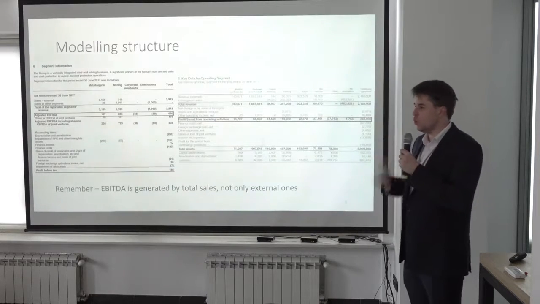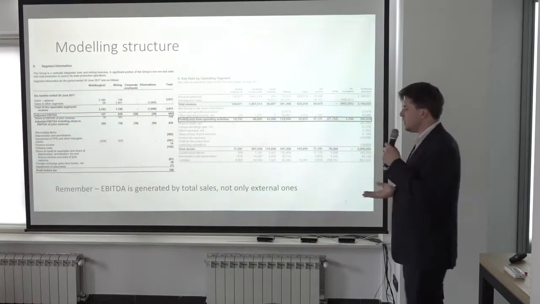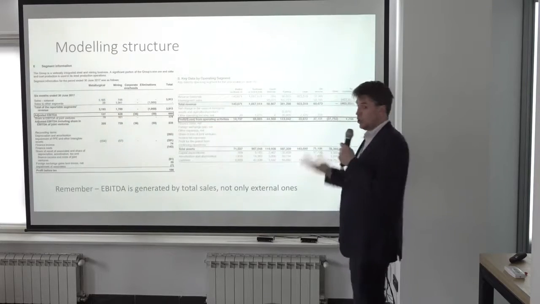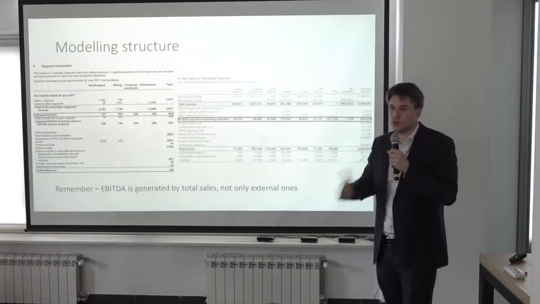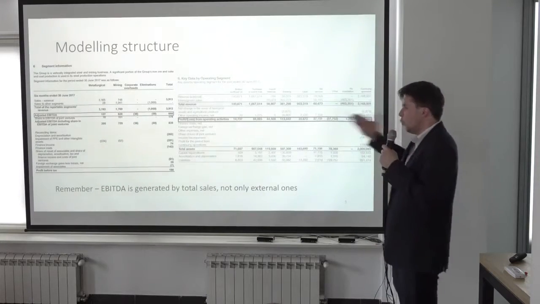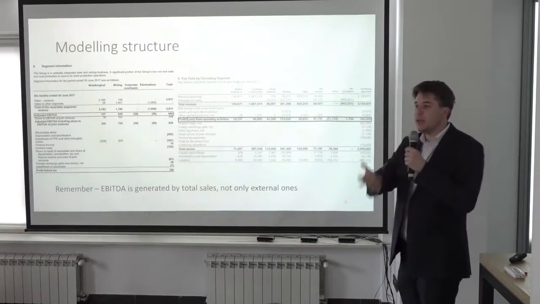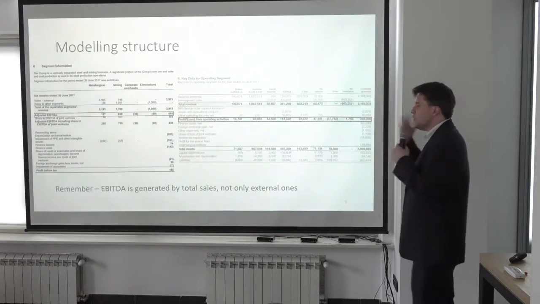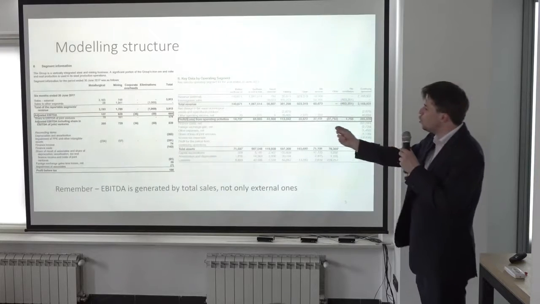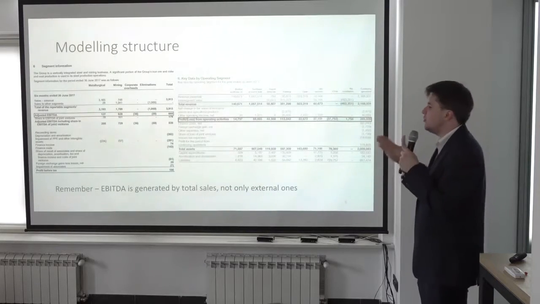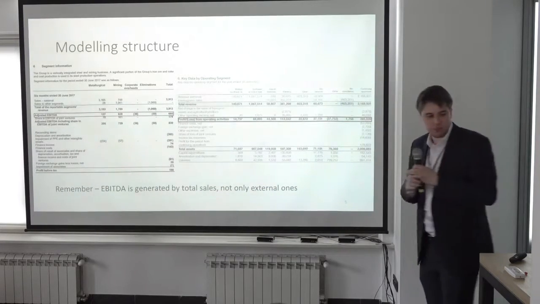So from year to year, if the grain segment is producing really high quality grain, they're going to sell that grain externally, because they can get a better price on it. They're not going to feed it to chickens, they're going to feed it to people, and then they're just going to buy really cheap grain and use that. So from year to year this is going to be very different, but in the end, your total EBITDA is going to stay the same. It doesn't matter what you're selling. So this is actually pretty key.